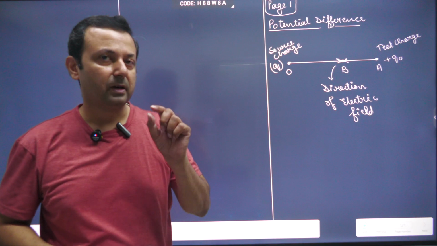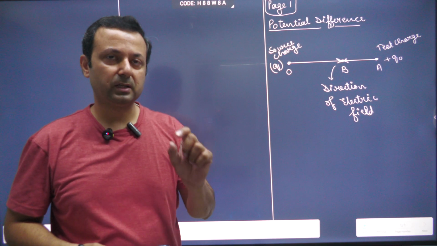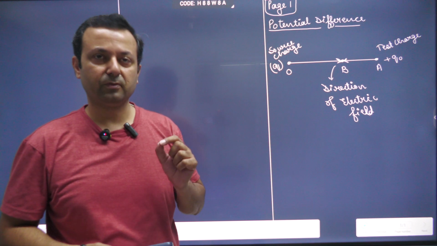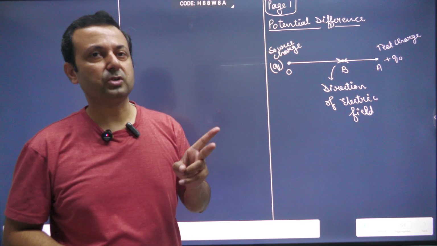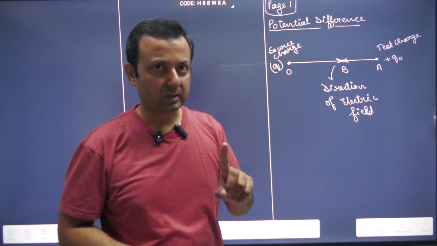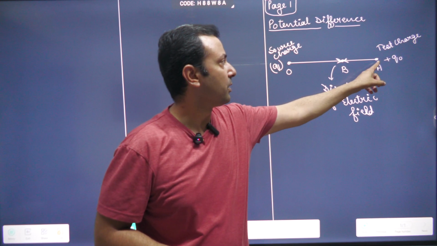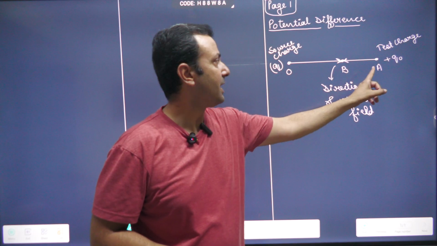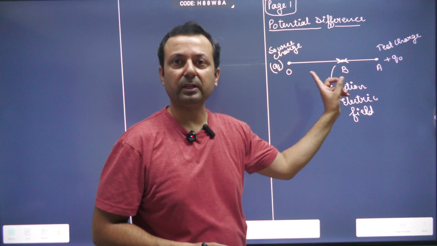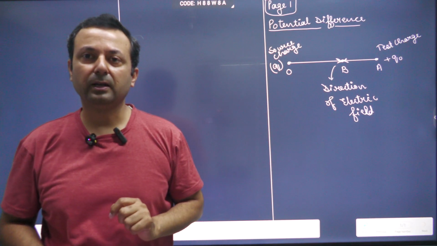So the work done required to move a test charge against the electrostatic forces between 2 points is called potential difference. Work done required to move this test charge Q naught from point A to point B against the direction of electrostatic force is called electric potential.